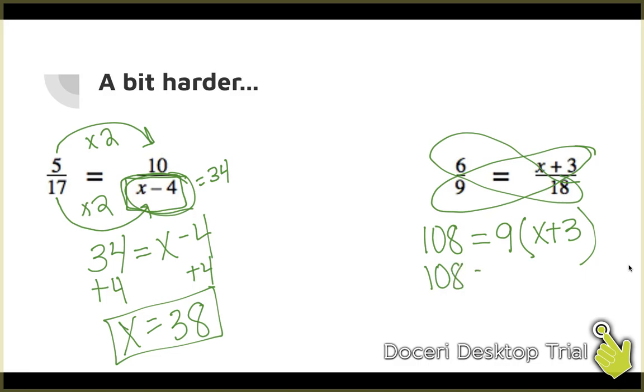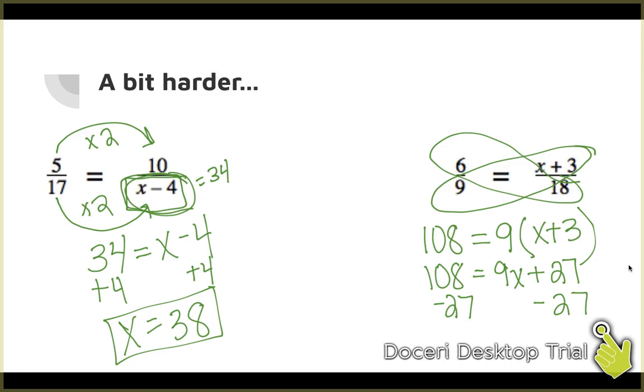So 108 equals 9x plus 27. Now I can solve a two-step equation. We're going to get rid of the 27 first. Now I realize this is more time consuming, but jump across doesn't always work. Cross multiplication always works.